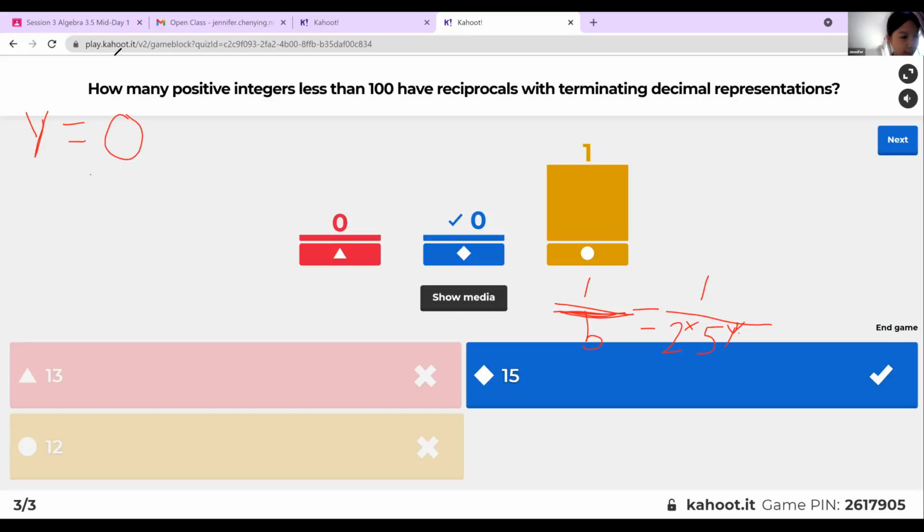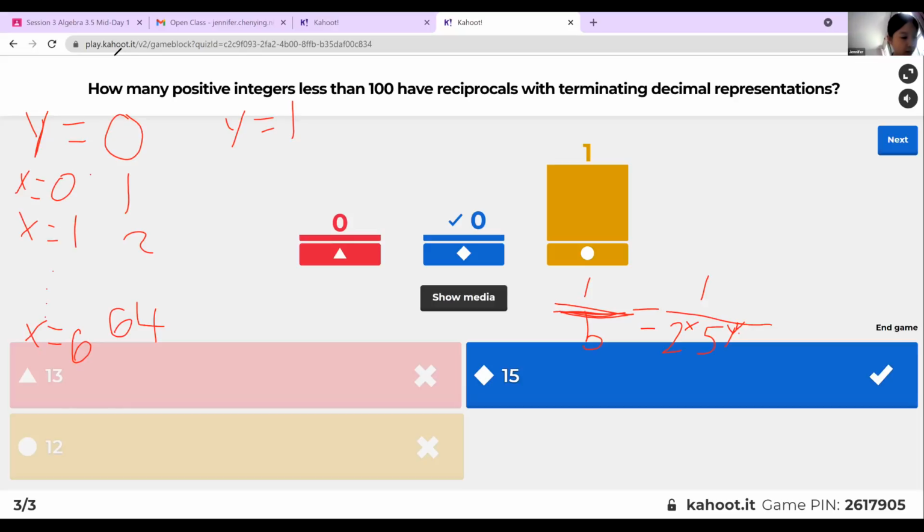So if y is 0, then we could do, for example, x is 0, that's 1. X is 1, there's 2, all the way to 64, just x is equal to 6. Then so on.